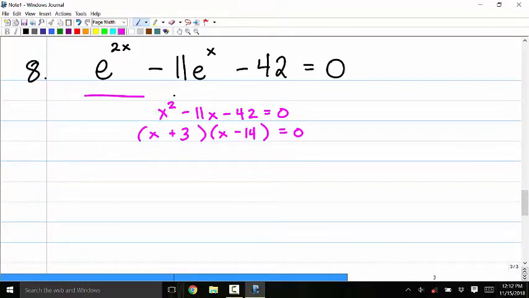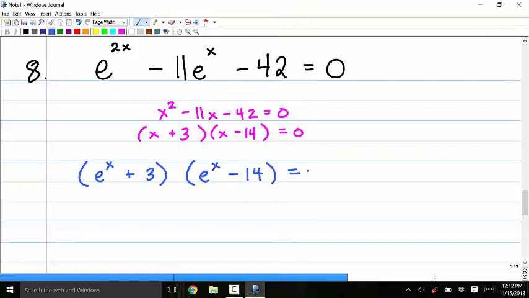All right. Okay, this equation is quadratic in form, meaning I can do e to the x plus 3 times e to the x minus 14. Because if I FOILed, what is e to the x times e to the x? e to the x plus x, which is e to the 2x.